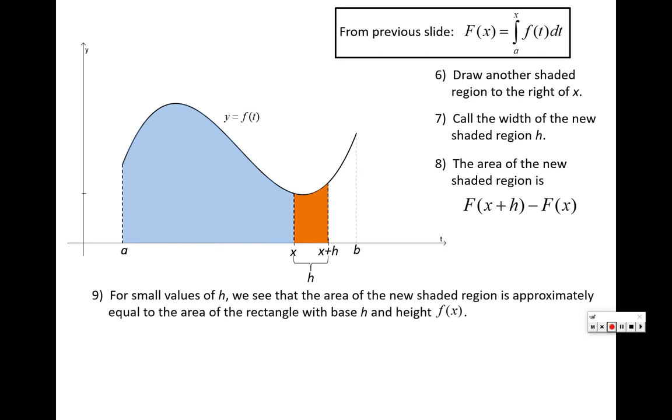For small values of h, we see the area of the new shaded region is approximately equal to the area of the rectangle with base h and height f at x. That's what we've been doing the whole time here. In fact, if that's all you got out of the last 4 or 5 lessons, you can follow this lesson, no problem, which is this little rectangle is approximately h wide, and its height is approximately whatever the function value is at x.